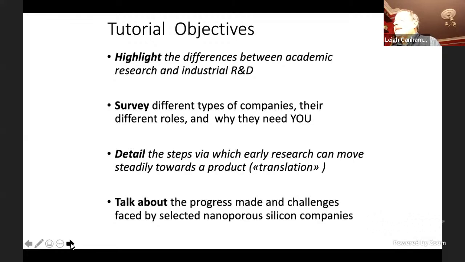And then I'm going to talk about some personal things where I've been involved in small to medium enterprises, startups that have been trying to develop products made from nanoporous silicon.